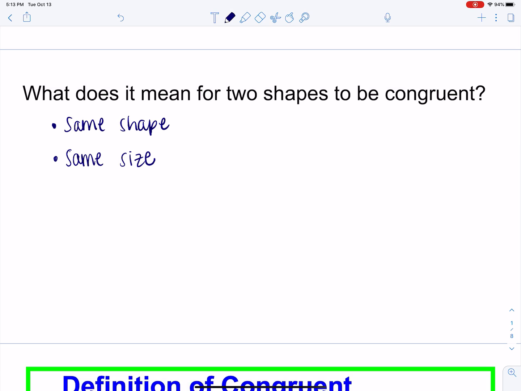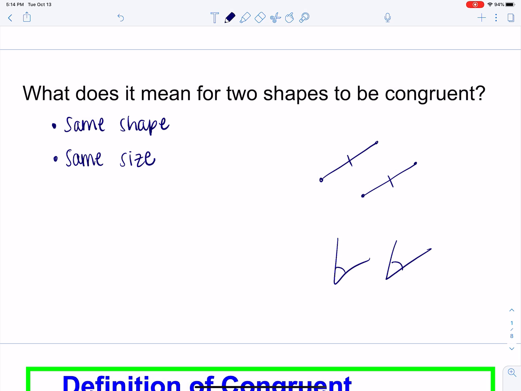In past lessons, we've talked about congruent segments. We've talked about congruent angles as having the same measure. And in order for shapes to have the same measure, we kind of have to focus in on each of those individual segments and angles.